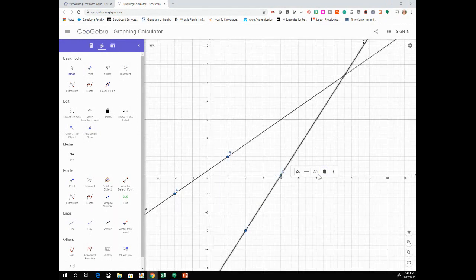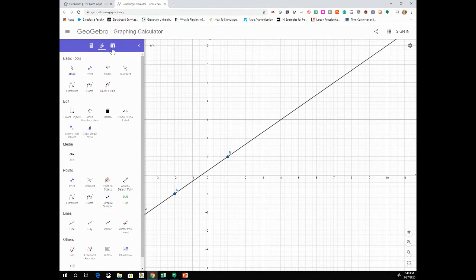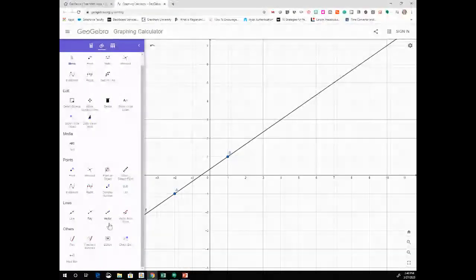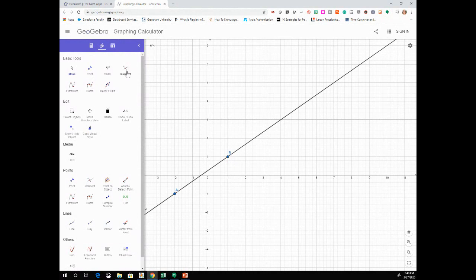To show you what a perpendicular line looks like, I know there should be a way to get a perpendicular line.